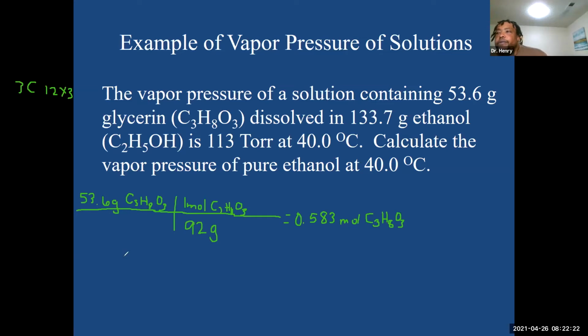Okay, so that gives us the number of moles of the glycerin. What about the ethanol? What do we do?